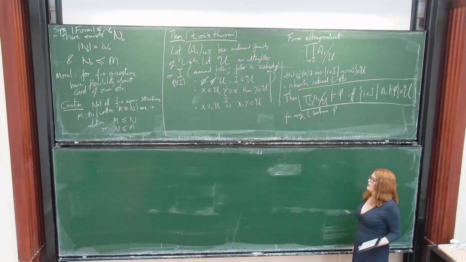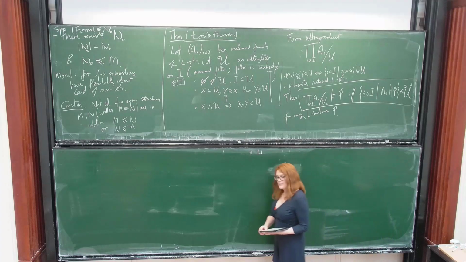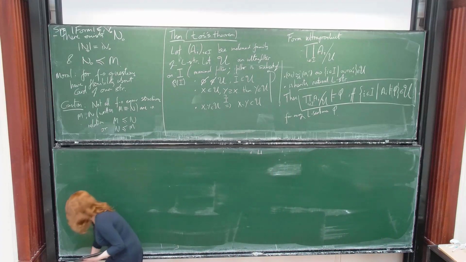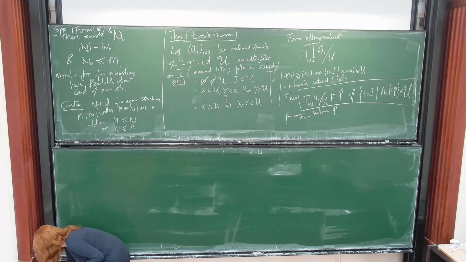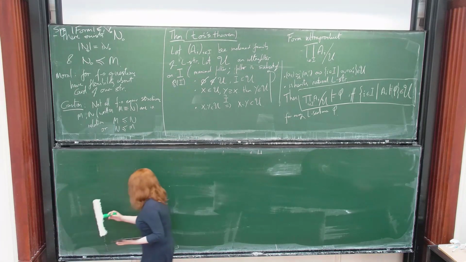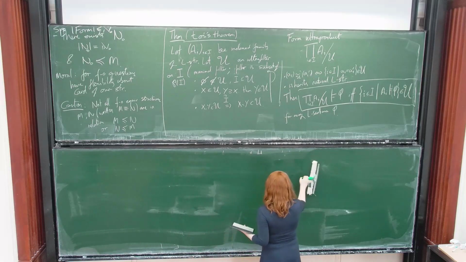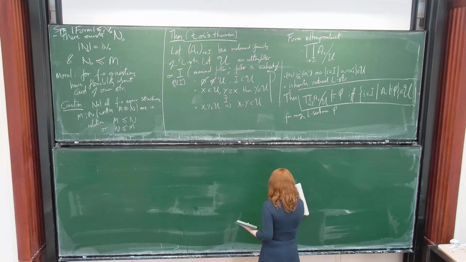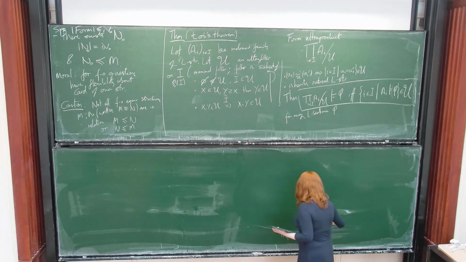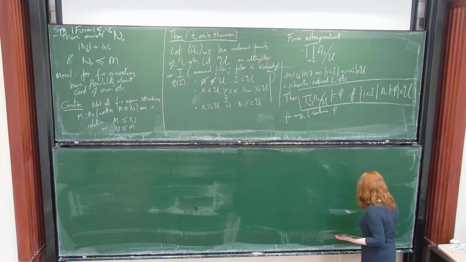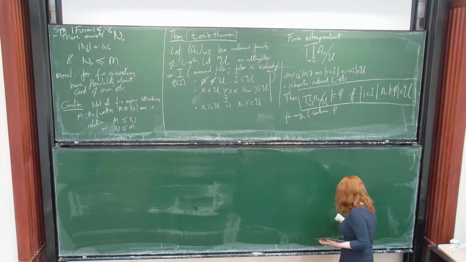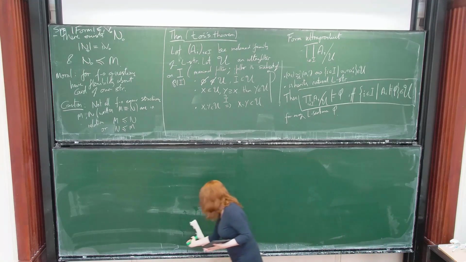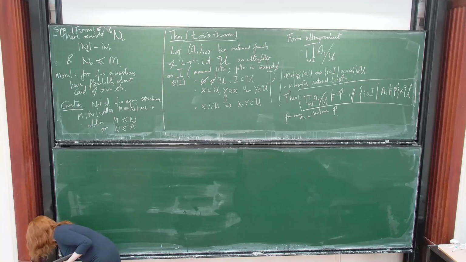Okay, I will mention the word type at some point soon, but I'm not going to use any sort of more hardcore combinatorial things. And the moral, as I said, is that we're allowed to make structures bigger while keeping their theories the same. That's really the main moral of all of this.